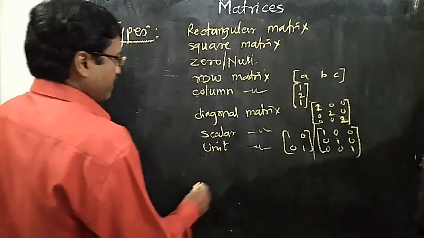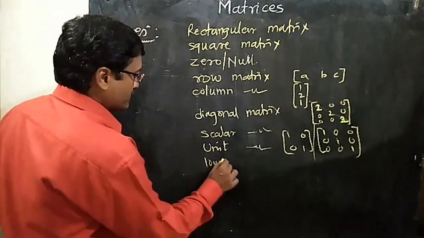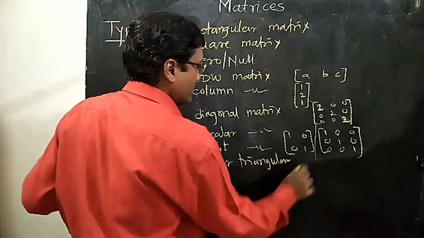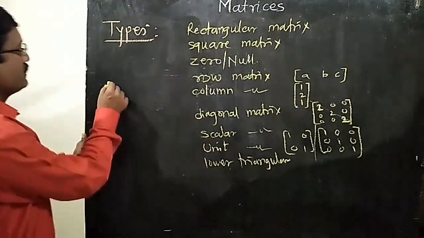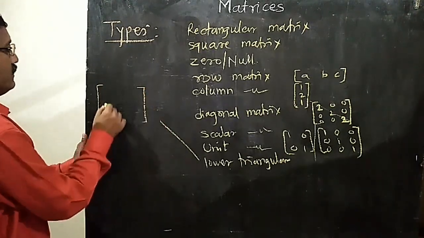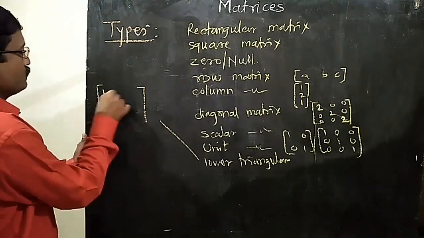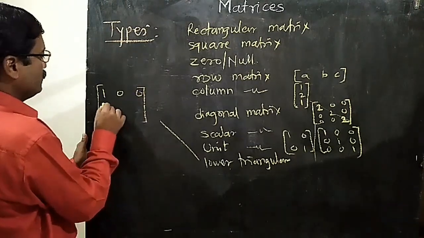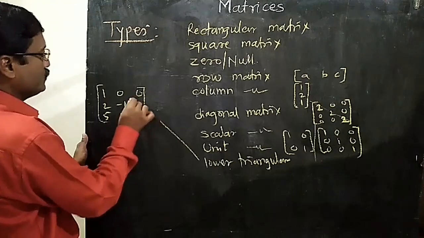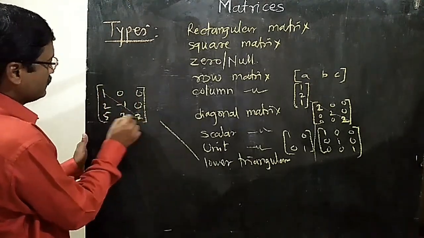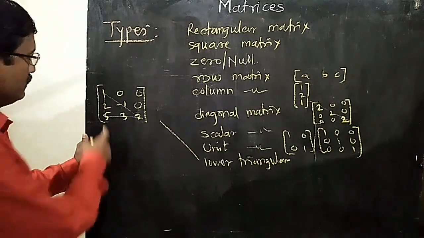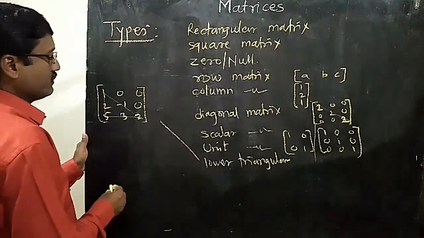Then after that, lower triangular matrix. This is a matrix in which elements are like this: 1, 0, 0, 2, minus 1, 5, 3, 2, 0. Means these non-zero elements are at lower triangle, so it is known as the lower triangular matrix.